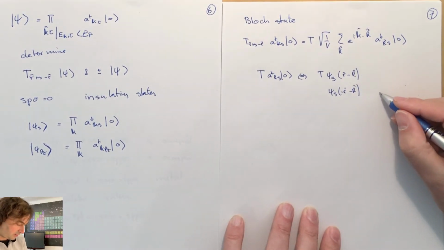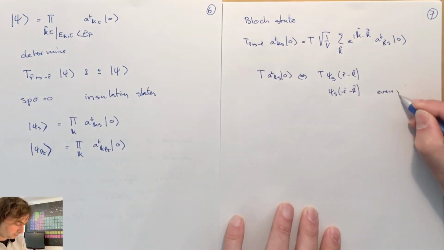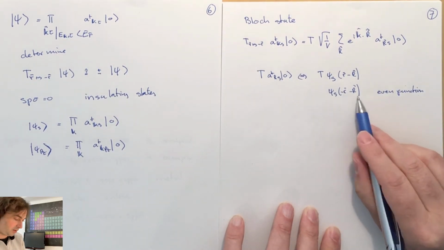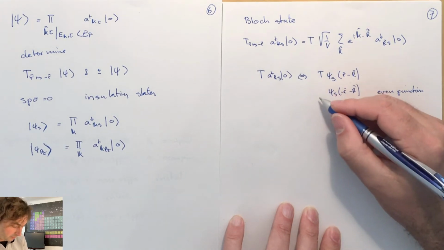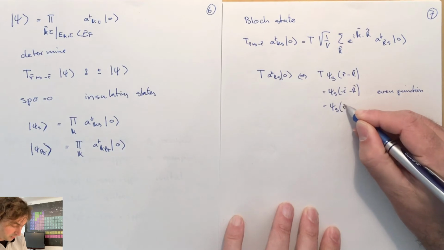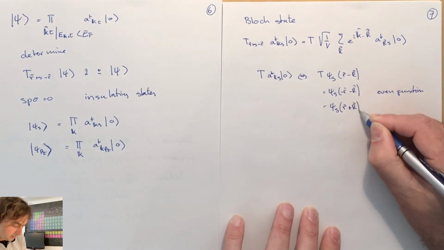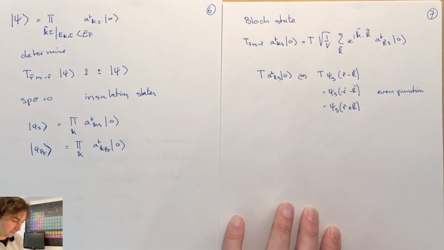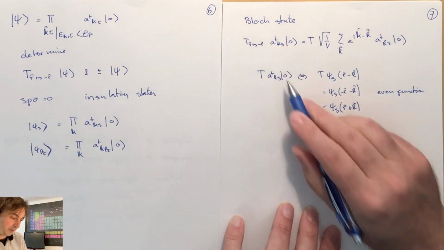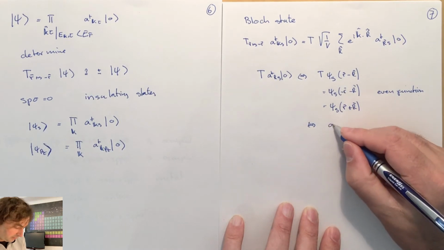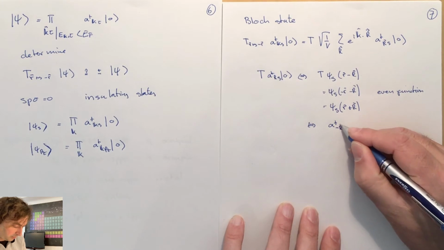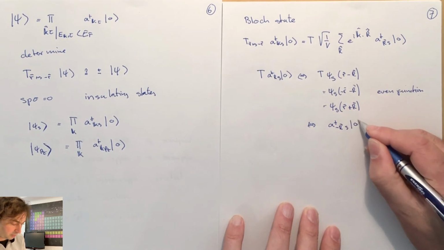Now I know that this is an even function, so I can change the sign of the argument. So this is equal to psi_s of r plus capital R. And this, if we now go back to a creation operator, is equivalent to creating the particle at the point minus capital R in an s orbital.